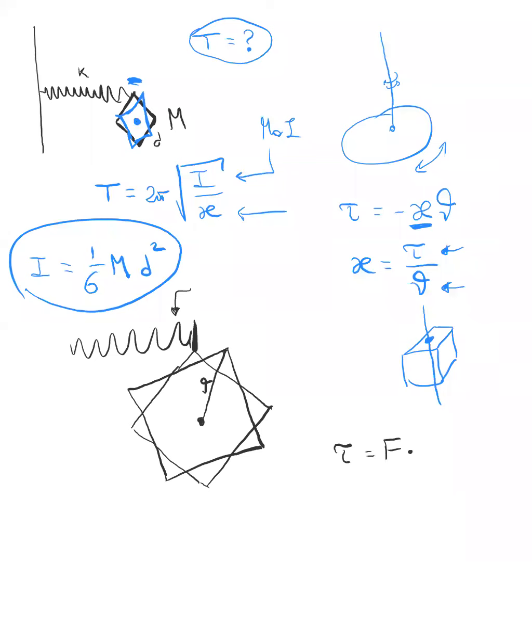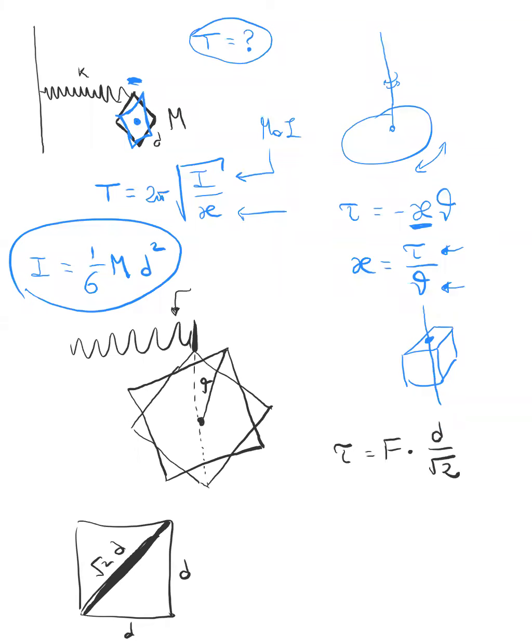In this case, the distance from the axis of rotation is this distance. Let me think, what does this distance equal to? It's half of the diagonal. I have my cube here and my diagonal. If this is d and this is d, this is square root of 2 times d from the Pythagoras theorem. And so half of that would be d divided by the square root of 2. Okay, so that's the distance for the torque.